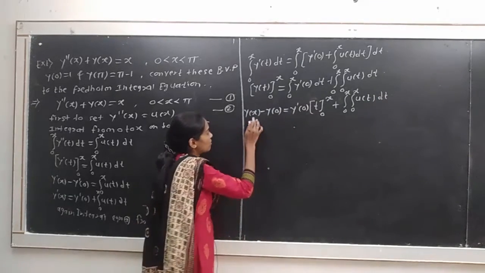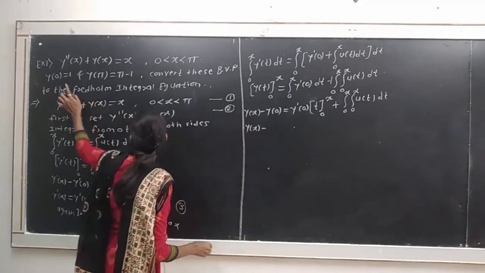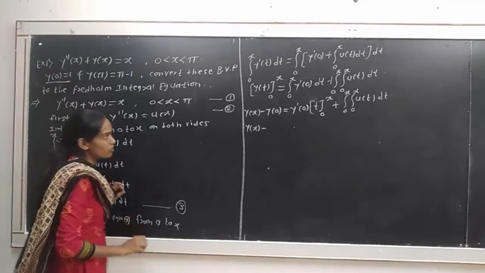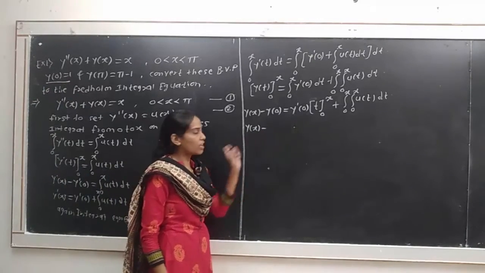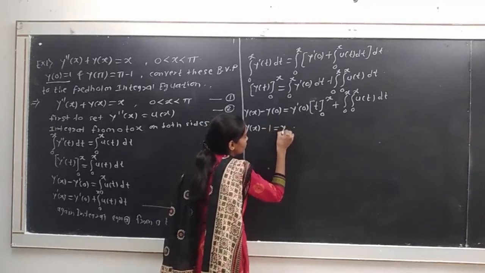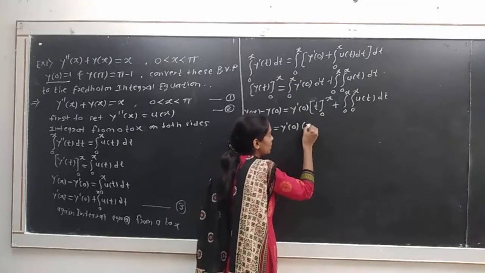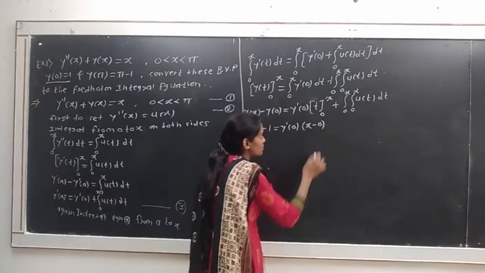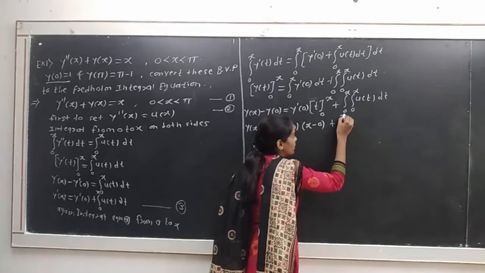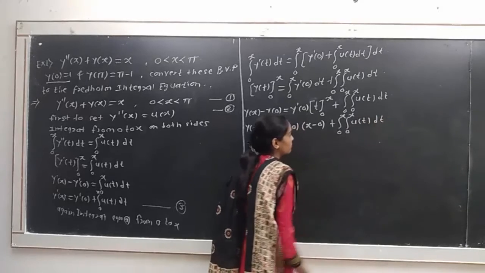Then y of x minus, here we give the first boundary condition, y of 0 is equal to 1, we put y of 0 is equal to 1, we get y of x minus 1 is equal to y dash of 0 times x minus 0 plus the double integral from 0 to x of u of t dt.